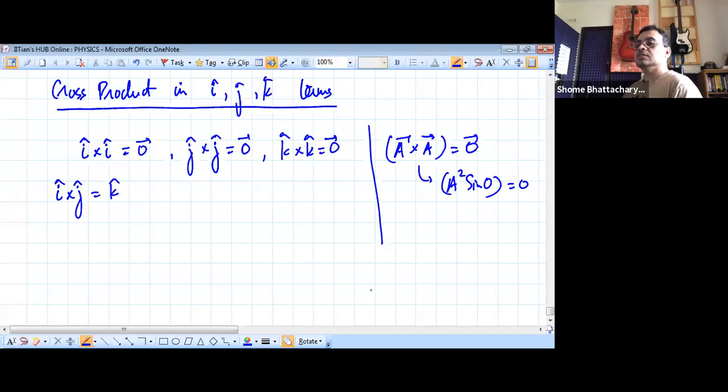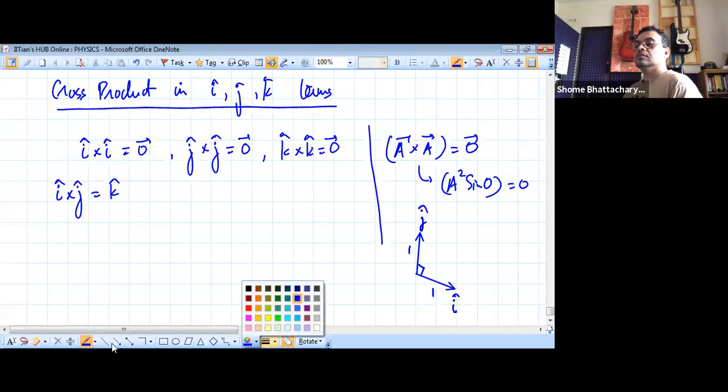Now how can we understand this? See, I cap is a unit vector which is perpendicular to J cap, and both have magnitude 1 each. So what about K cap here? K cap is the direction like this.